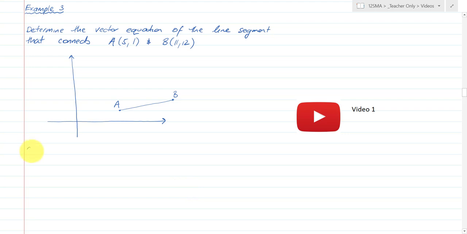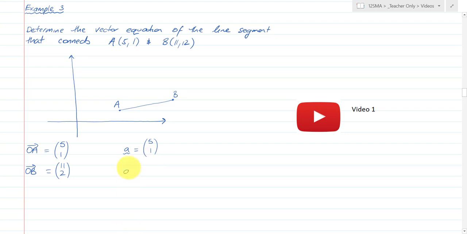So first of all, we can define OA as the vector from the 0 position out to A, and we can define OB as the vector from the 0 position out to B. Now what I'm going to say is let's let A, our initial position, just be OA. So we've got a starting position, and then therefore B is our ending position.